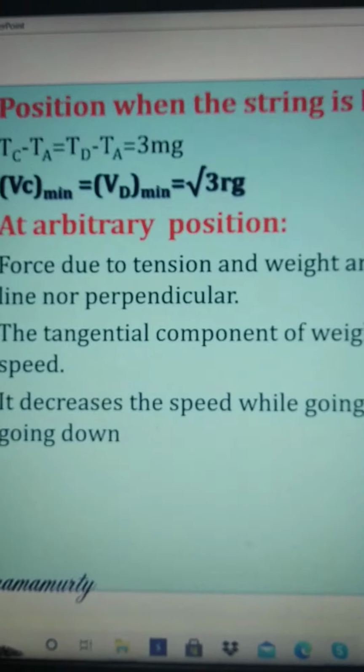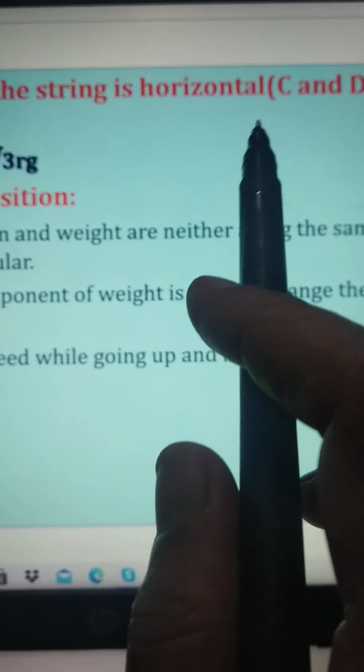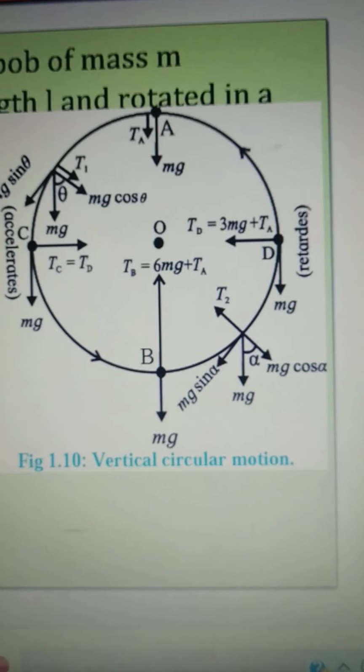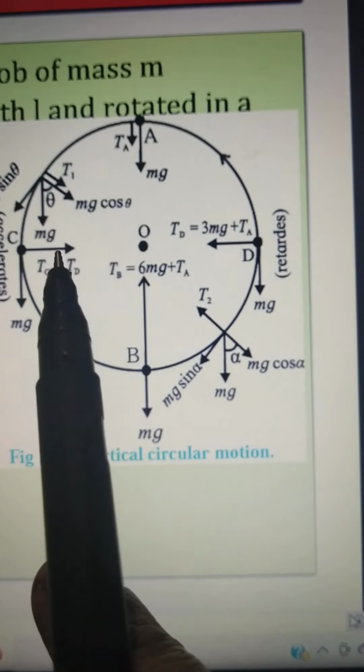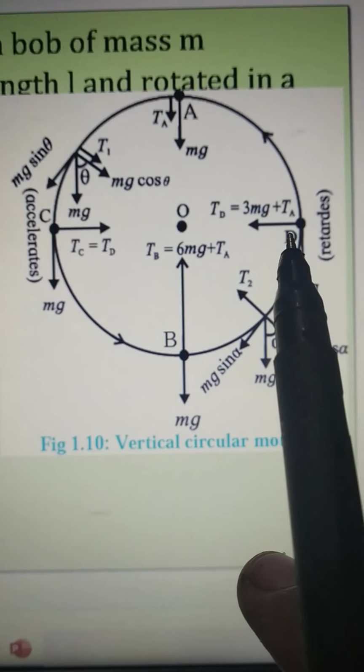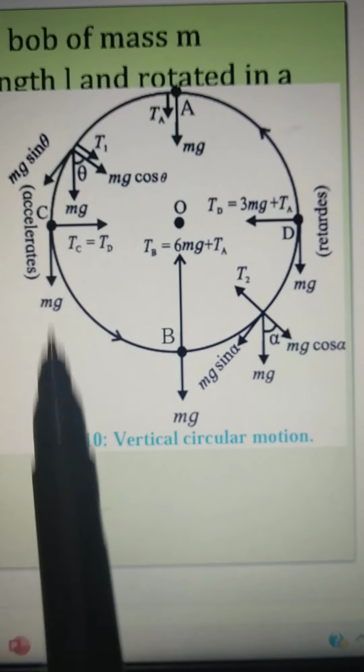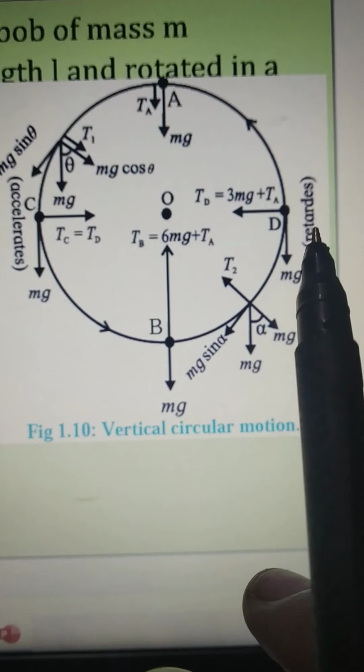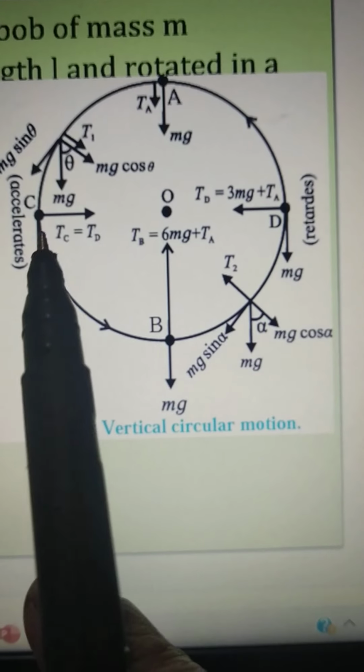So now find the position when the string is horizontal, means at C and D condition. Again see the figure. At this condition, C and D is the midway position. In this midway position, mg, the weight of the mass, acts in the downward direction and tension acts toward the center.